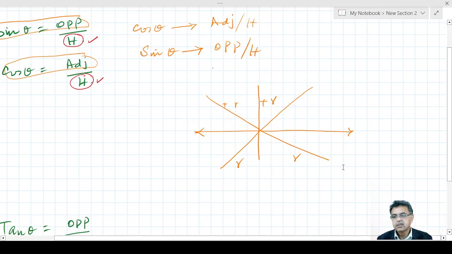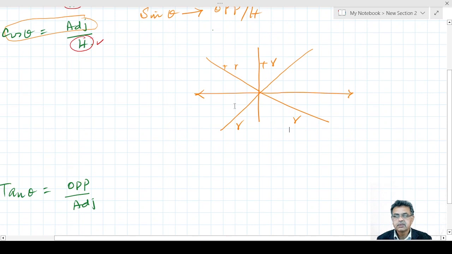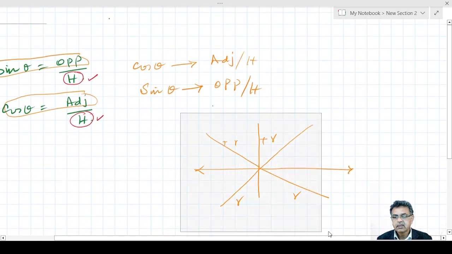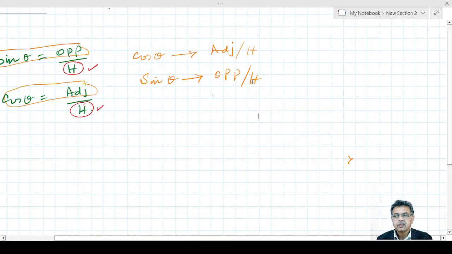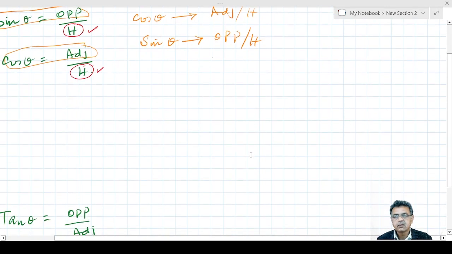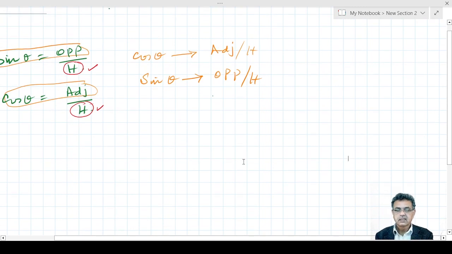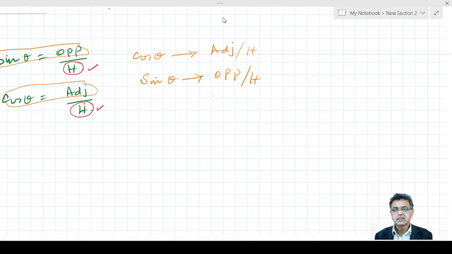In whichever quadrant it is, it is always positive. So the sign of sine theta or cos theta does not depend on the hypotenuse, because it is always positive. What the sign of these two ratios depends on is the sign of adjacent or opposite.